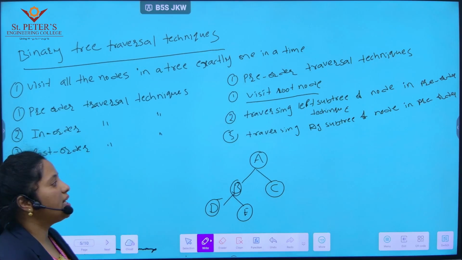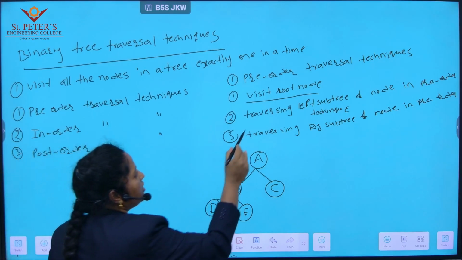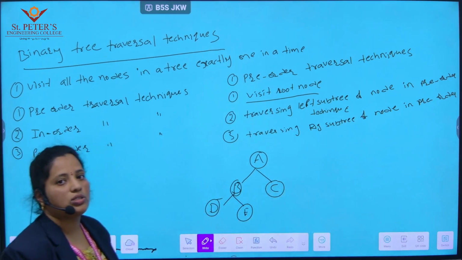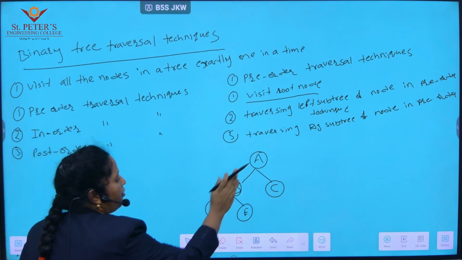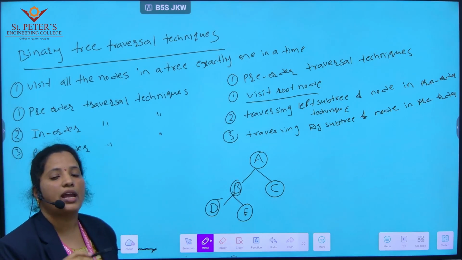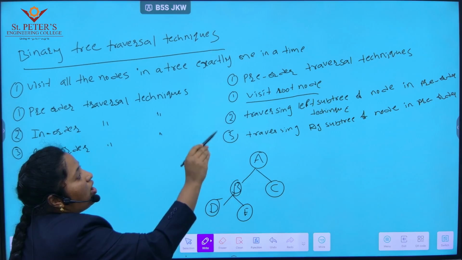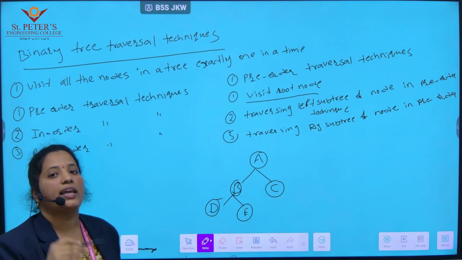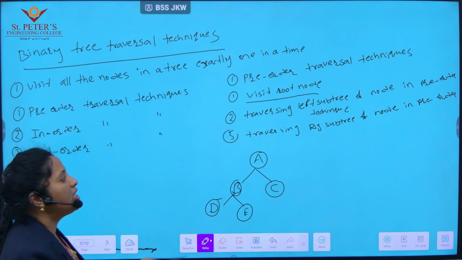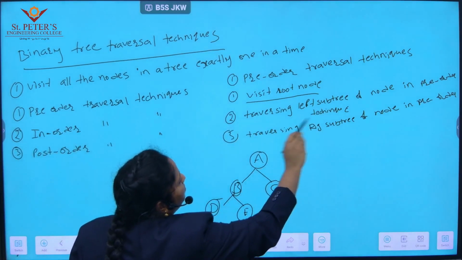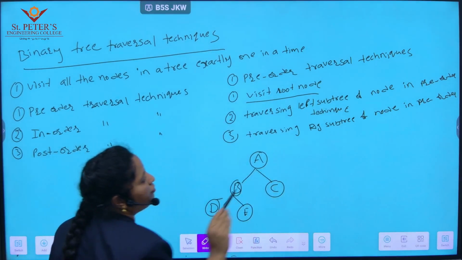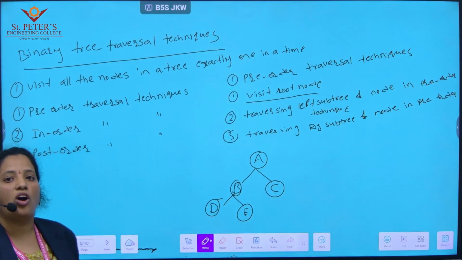And next, what is the next step? Traversing left subtree of node in pre-order. So come to the left subtree, and on each and every node we have to apply the pre-order technique again and again. And after completion of this left subtree part, then traverse the right subtree of node and apply the pre-order technique.